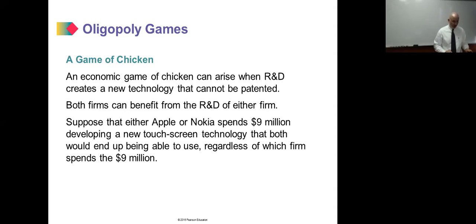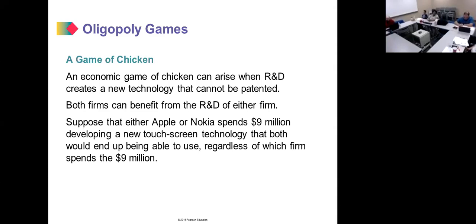So both firms realize the need to come up with new technology. Both realize that it's going to cost $9 million. But who wants to spend it? Why would Apple want to spend it? To say that they were first in developing it?